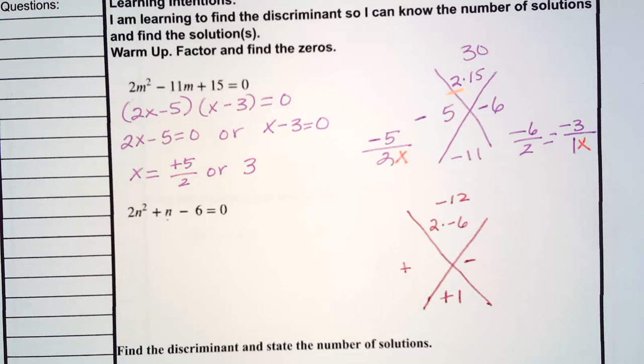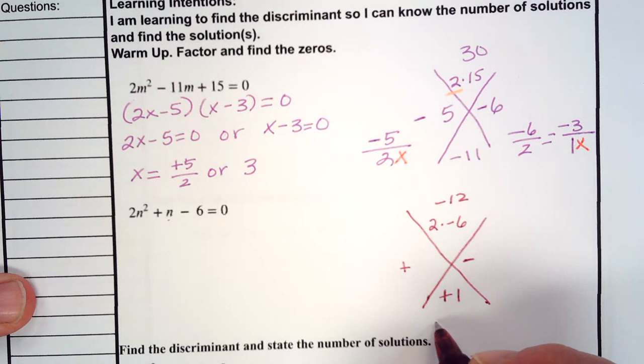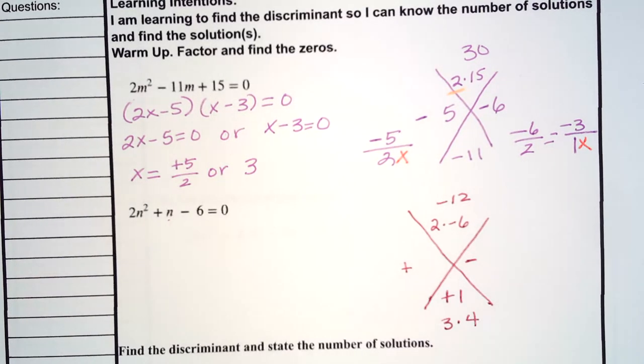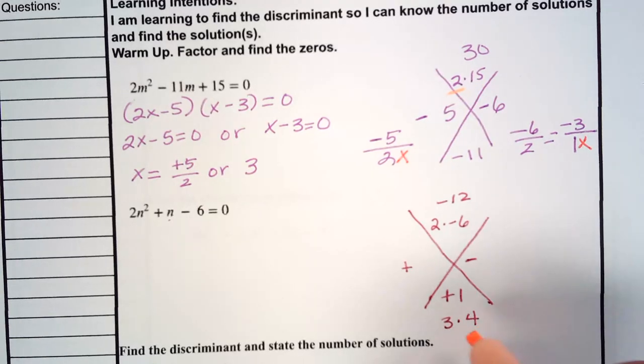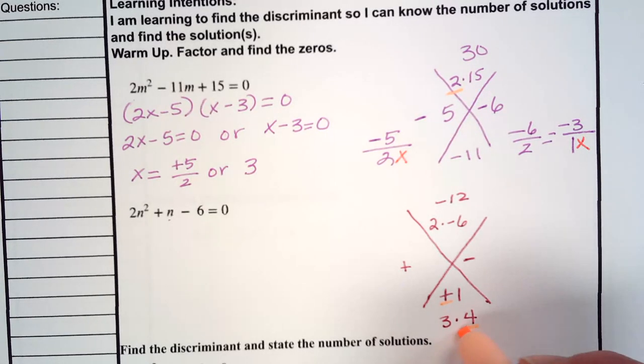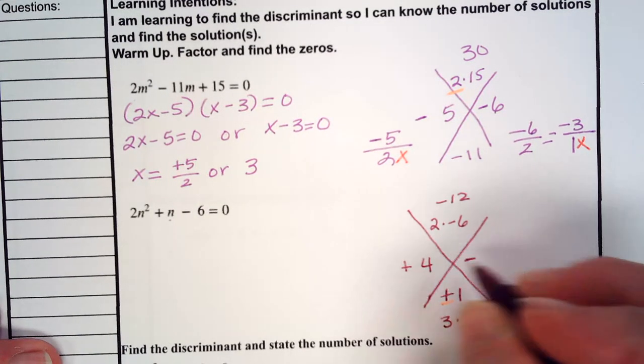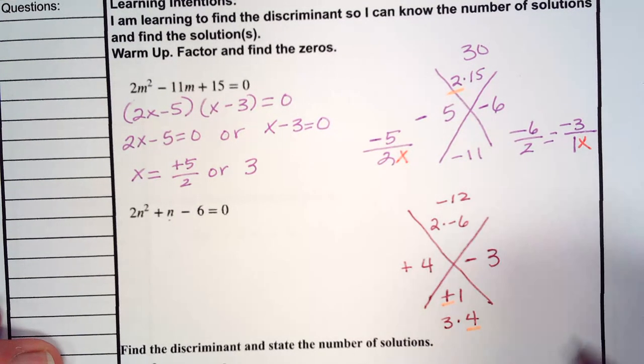Obviously 1 times 12, 12 minus 1 is not 1. 2 times 6. 6 minus 2 is not 1. 3 times 4. 3 times 4 is 12. 4 minus 3 is 1. This is positive, so the bigger number stays with a positive. Positive 4, negative 3.